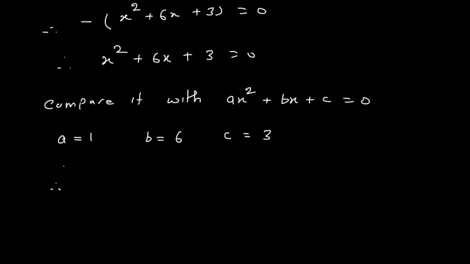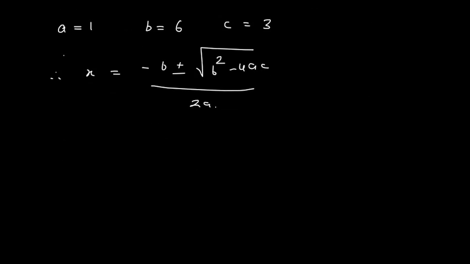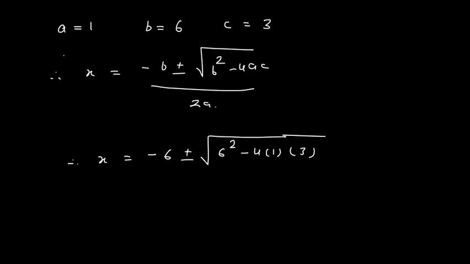So therefore x is equal to, now the formula for x is minus b plus or minus root of b square minus 4ac, whole divided by 2a. So this will give us x is equal to minus b, which is 6, plus or minus root of b square, that is 6 square, minus 4 into a is 1 and c is 3, whole divided by 2 into a is 1.